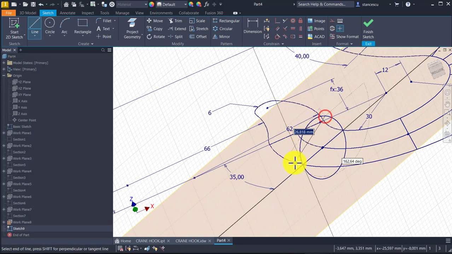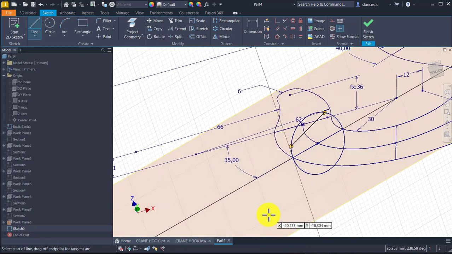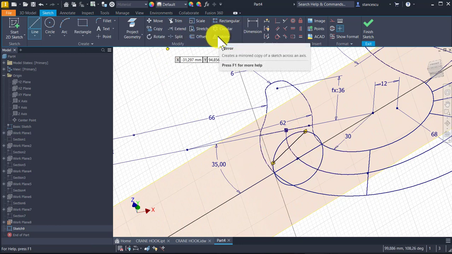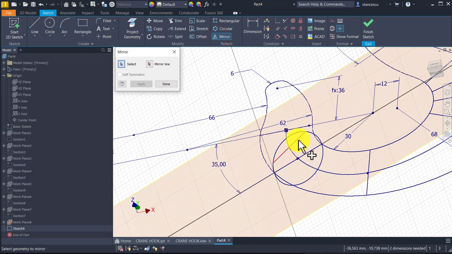I make a trapeze, say trapeze, with the major side to the center, not outside. Then I apply mirror of this. What happens? Mirror this line about the diameter, apply. Done.